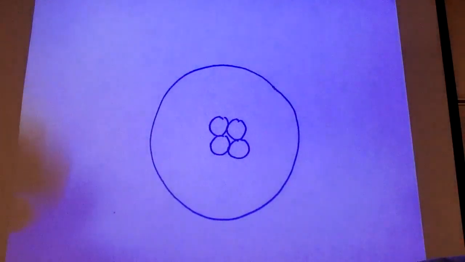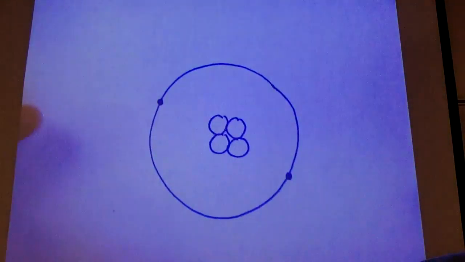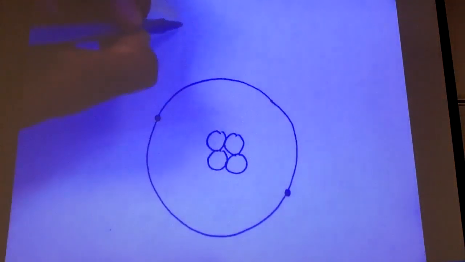And of course, this is not to scale. All right, and what I've drawn here is the helium atom.